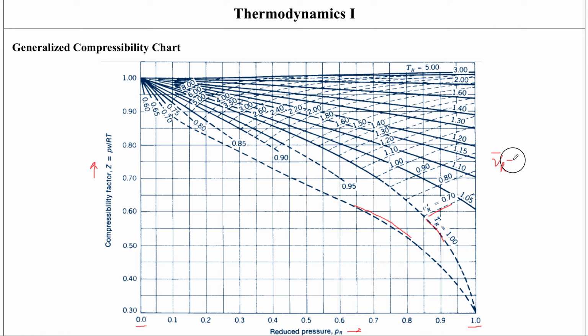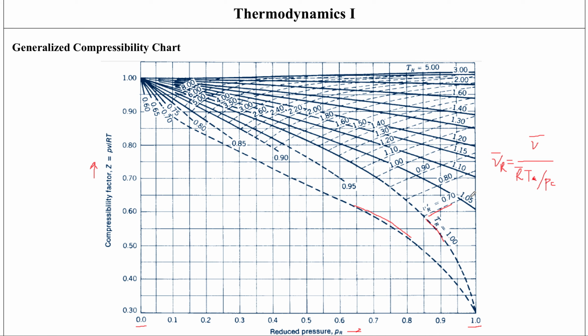This is called pseudo-reduced specific volume, and this is equal to v dash divided by R dash, the universal gas constant, times critical temperature divided by critical pressure.